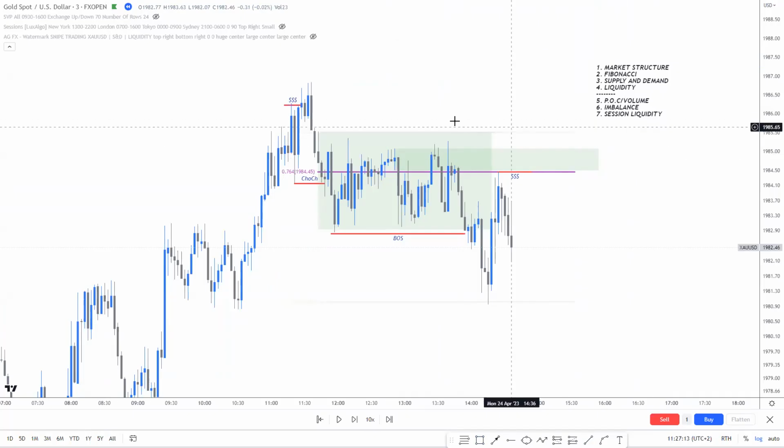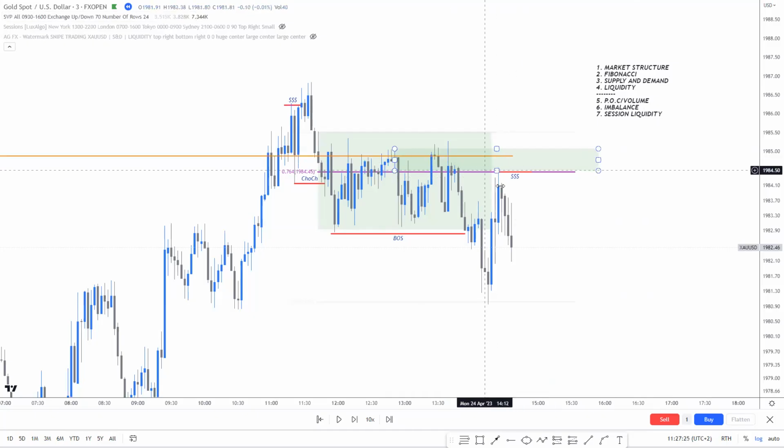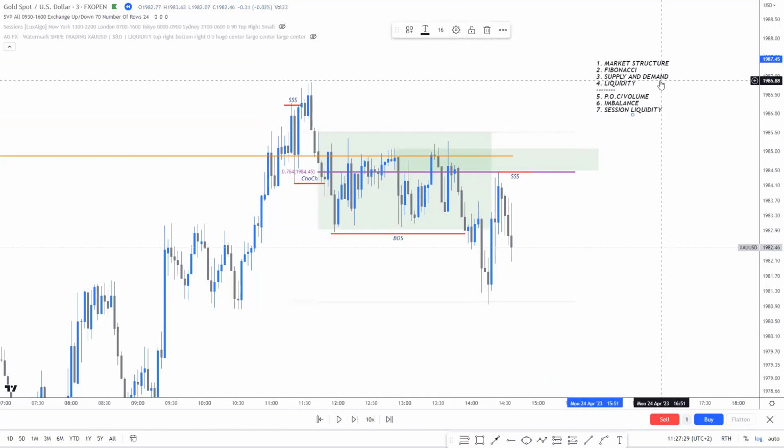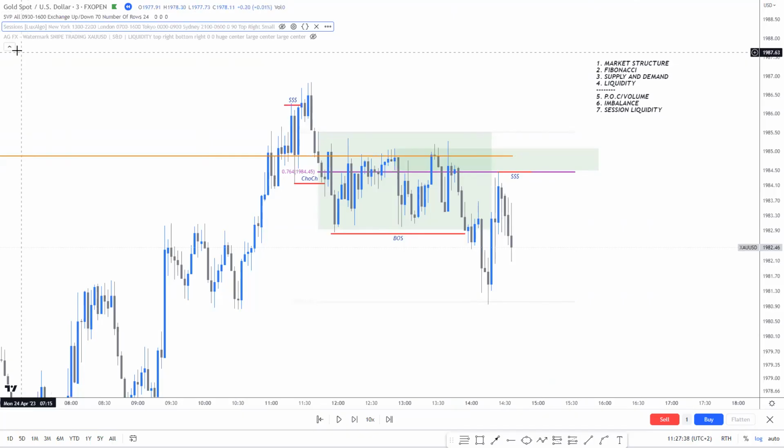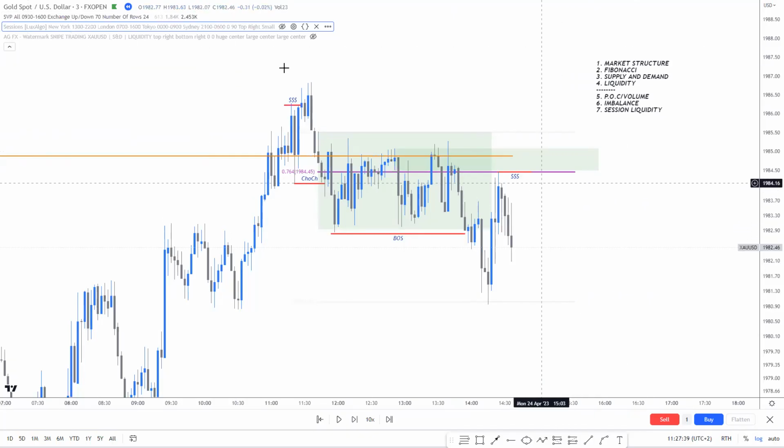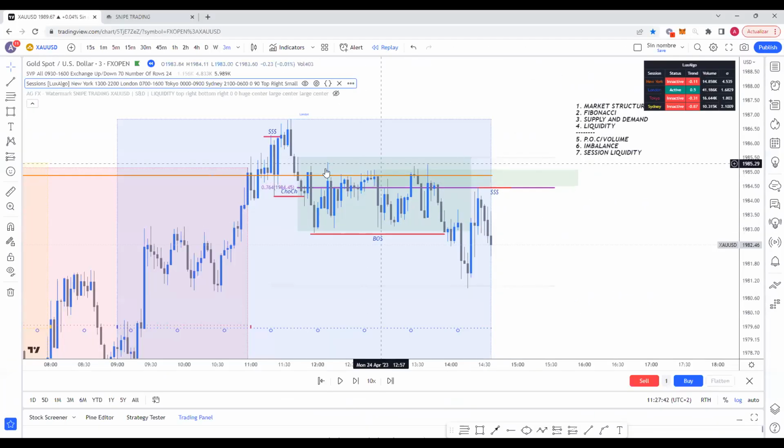Then let's look for the extra confluences again. At this point, we already have a sell zone, but let's look for the extra confluences. Point of control lining up perfectly, inside of the zone, so we check that one. Imbalance, there was no imbalance. And session liquidity, there wasn't session liquidity.